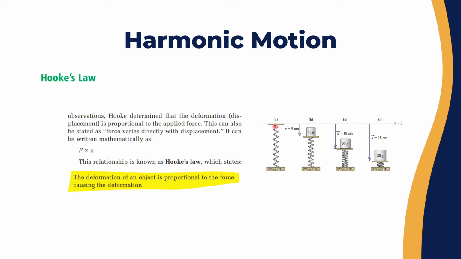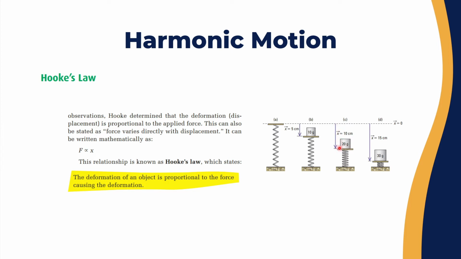Long story short, you have a spring naturally resting over here. You have a force applied on it. Depending on the amount of force, this spring will be squeezed from the initial top point of the spring to the new point. You have a 5 centimeter difference. That's what we call X. And we have here a 20 gram box that can be translated into force.